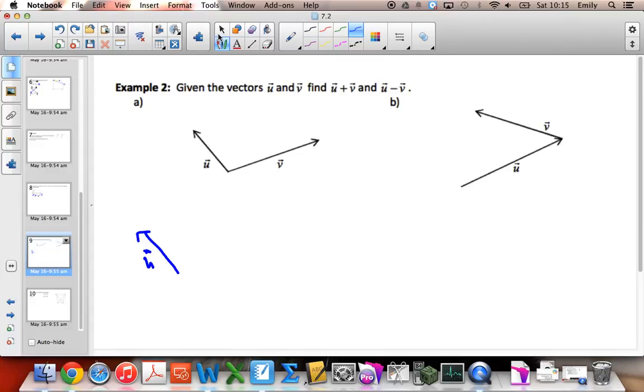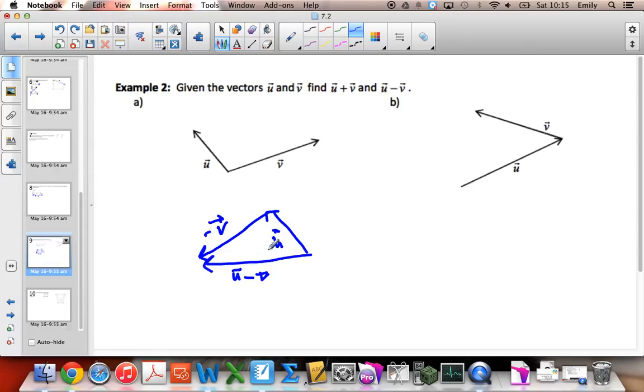So I needed to move my u over some. Let's do that. Negative v is going to come same length, opposite direction. So that's not just v, it's negative v. And so here is the result of that subtraction, u minus v.